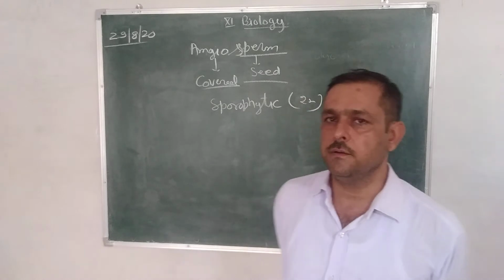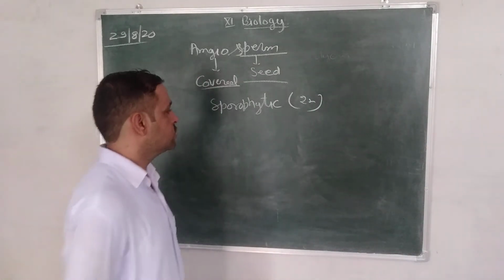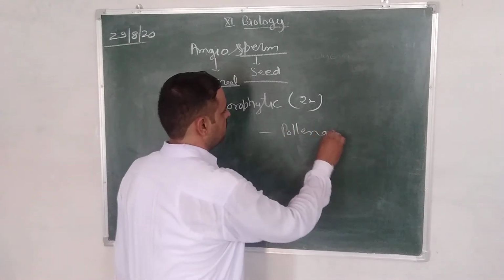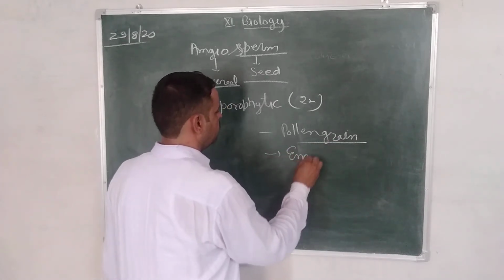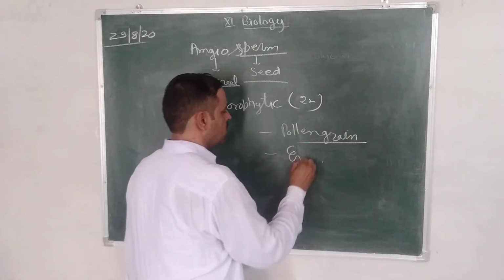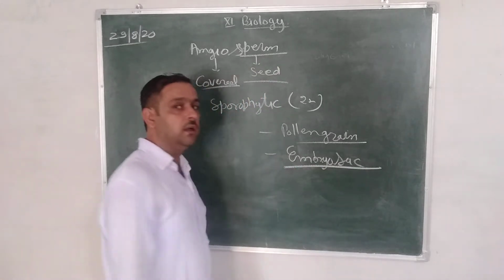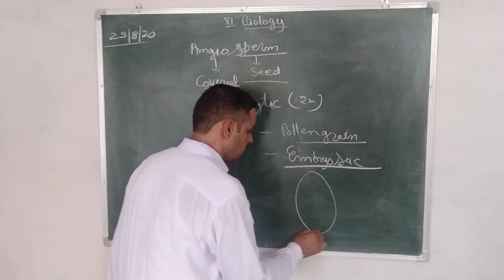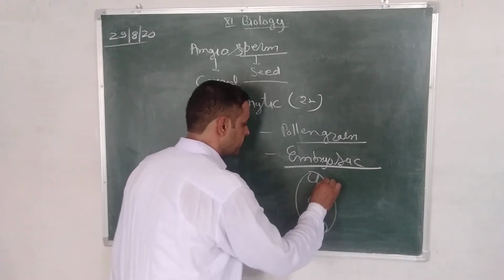In the male sex organ, microsporangium produces haploid spores or haploid gametes called pollen grains, and the female gamete is called embryo sac. And you have to remember, in angiospermic plants, the embryo sac has 7 cells and 8 nuclei.